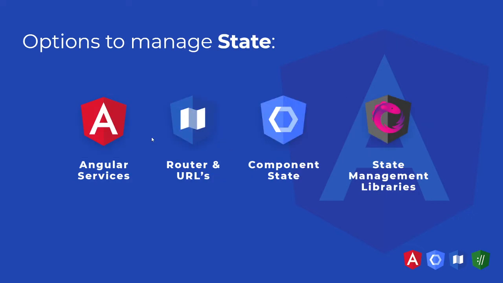Options to manage state: there are multiple options in Angular to manage state, like Angular services, NgRx, objects and observables. You can use Angular services to communicate between components, and through this you can also manage state. With Angular router and URLs, like query params and optional parameters, you can also manage state via the router and URLs.